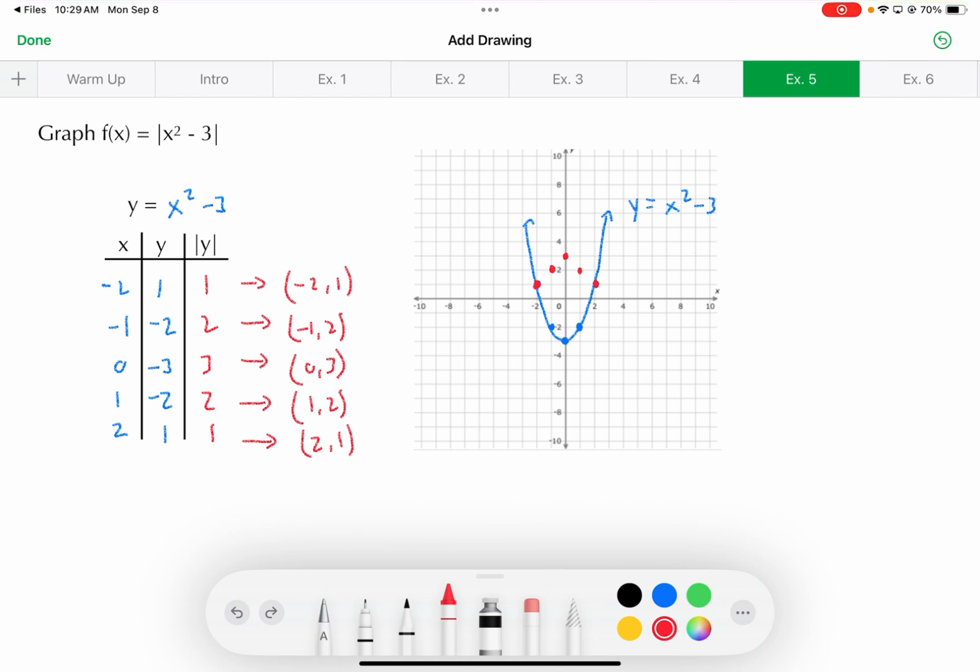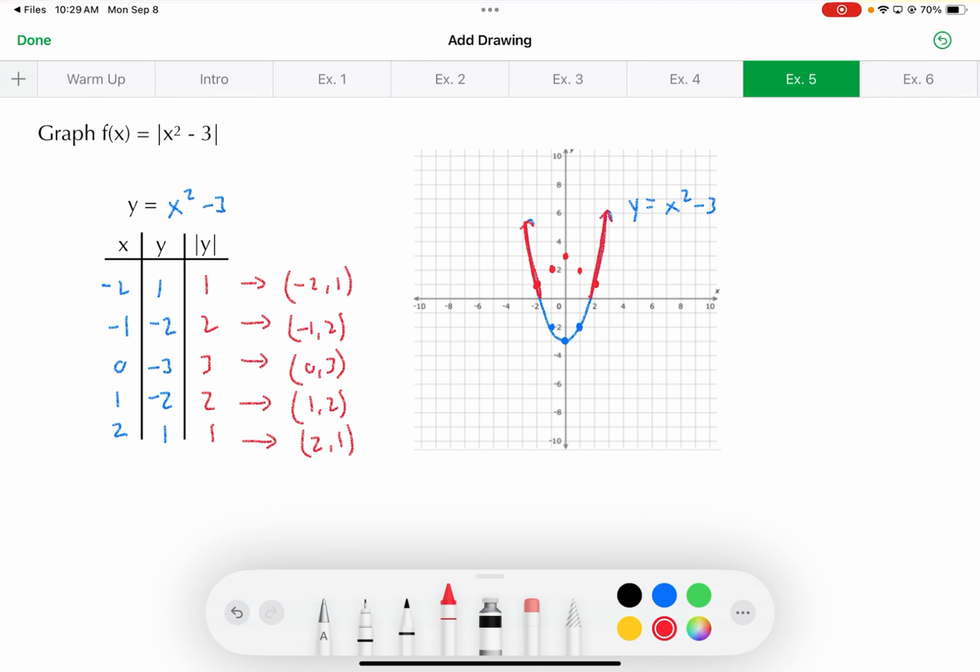Okay, so look at the blue curve. Where are the points of that curve already positive? Well, above the x-axis, right? So all of these points right here, they're going to remain where they're at. Their absolute values are not going to change, right? Same thing over here.